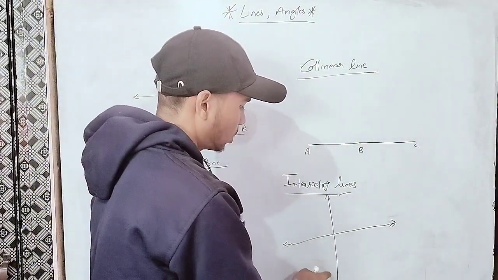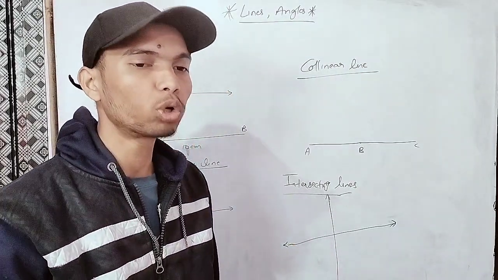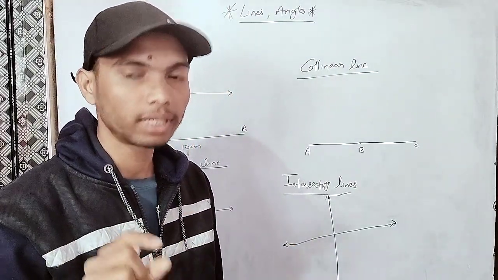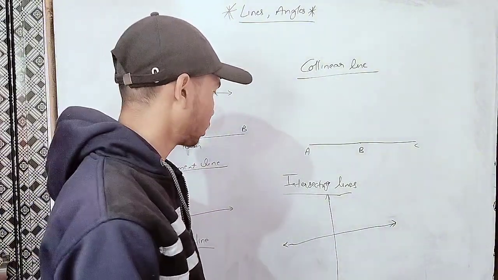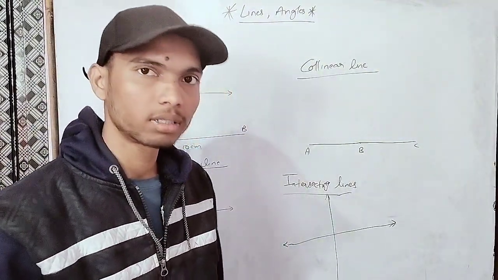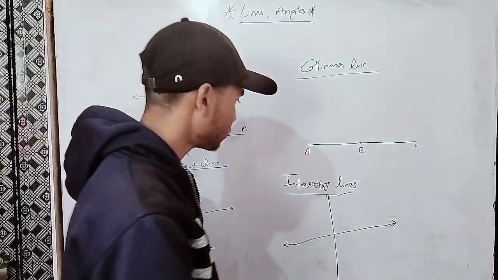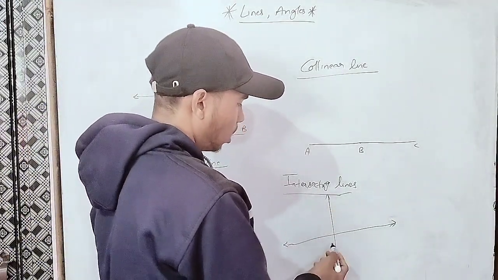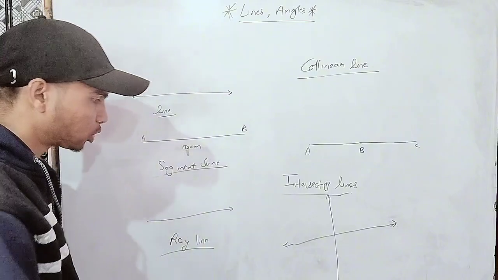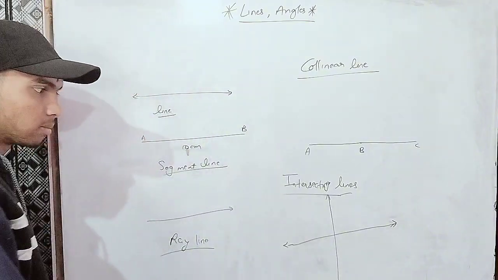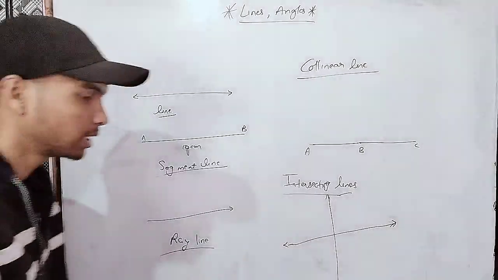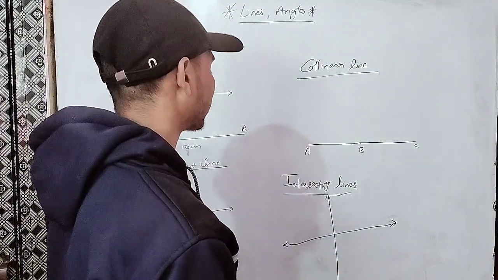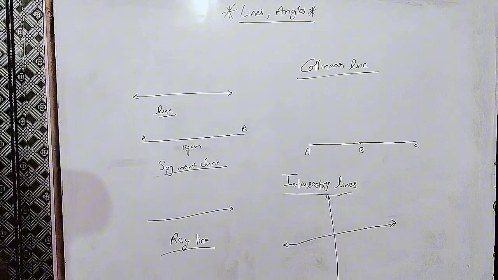That's why we should have two or more lines. Then we can say our lines are intersecting. This diagram shows that your lines are intersecting to each other.